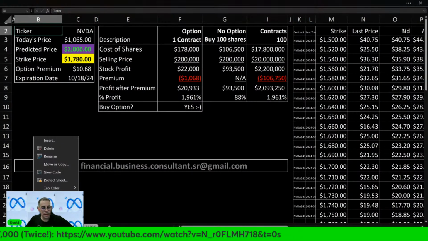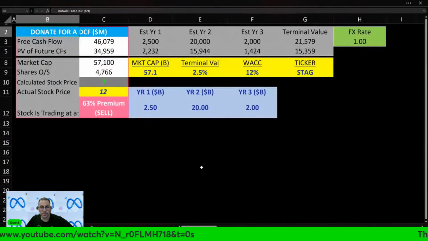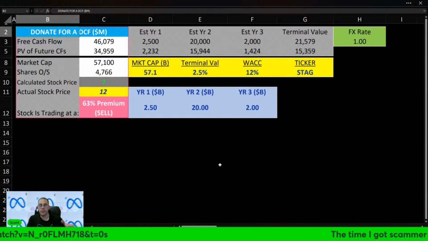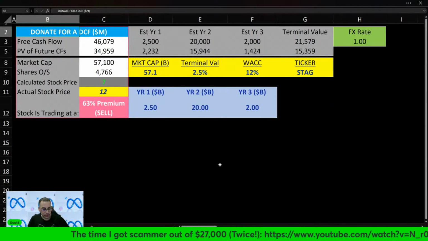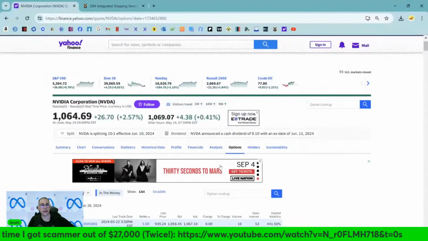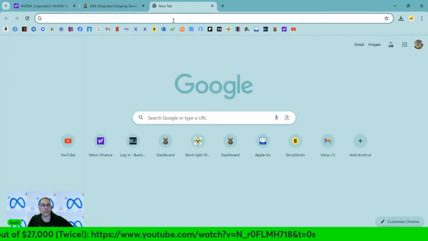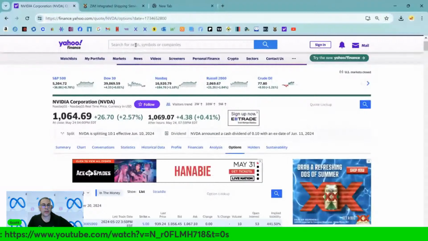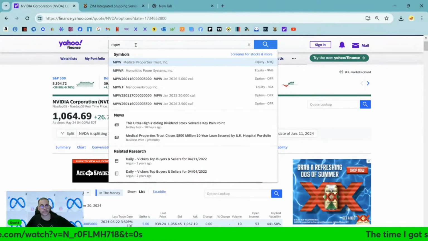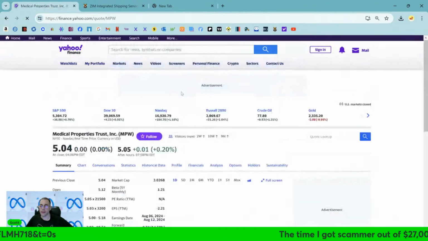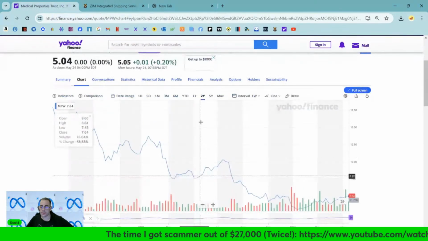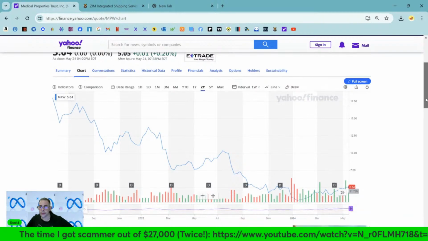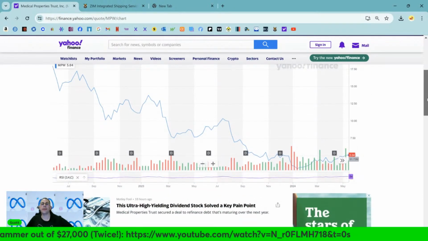Any other stocks we should look at? Not for options, just to look at normally. What's MPW? That got really beaten up. It's still coming down because of Stewart.